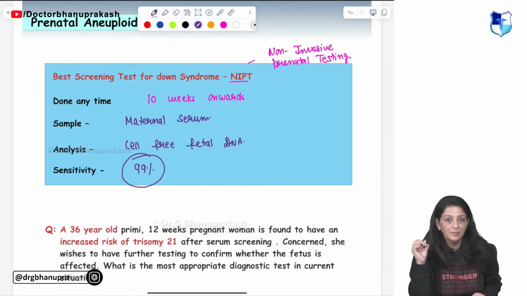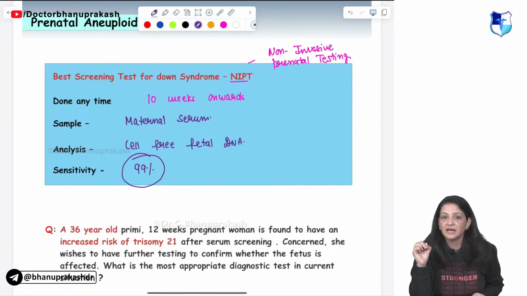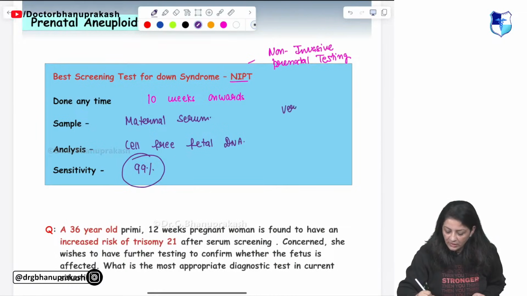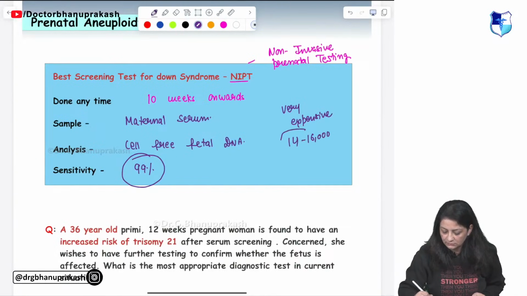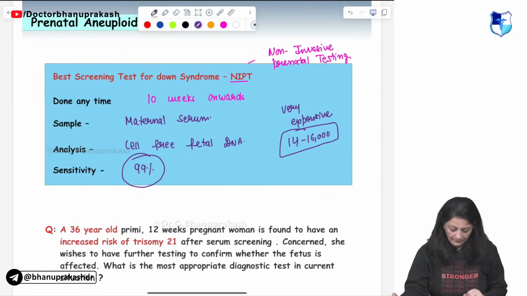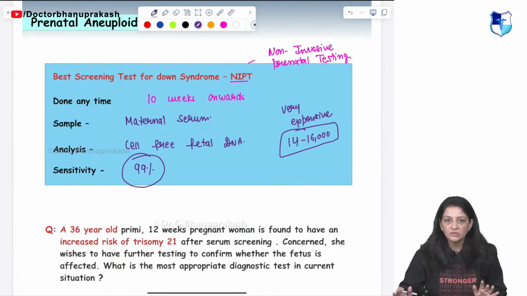So this is the best test for the screening of Down syndrome. But this test is very, very expensive. Cost is around 14 to 16,000. Okay, so this is all about screening for Down syndrome.